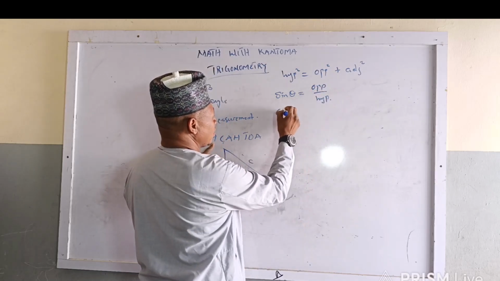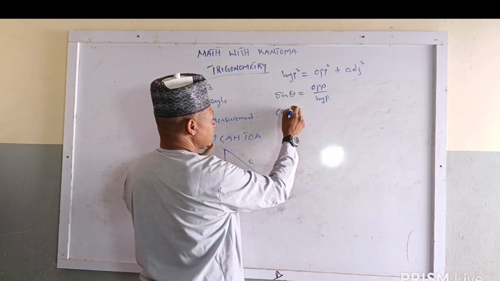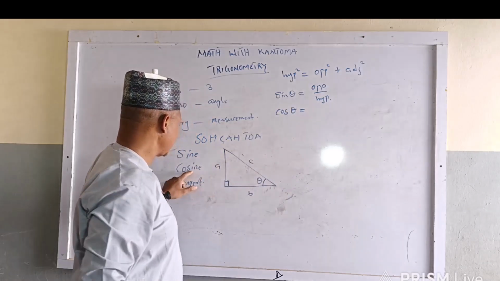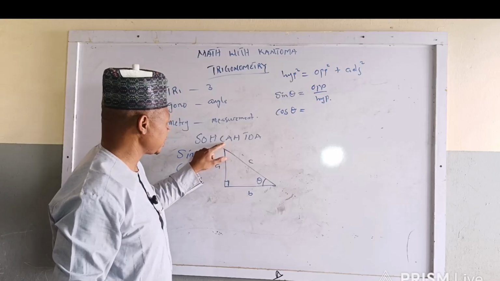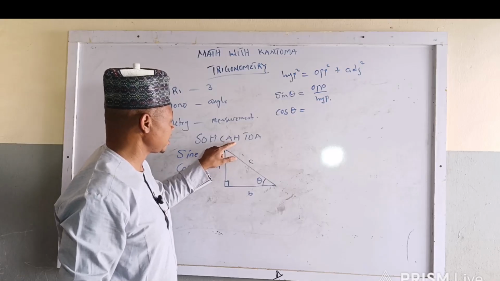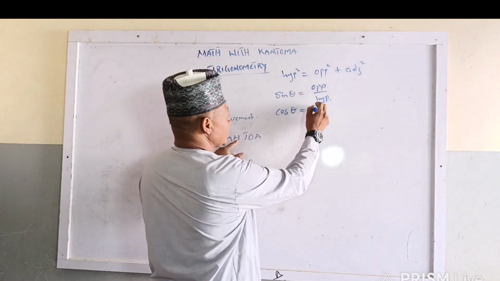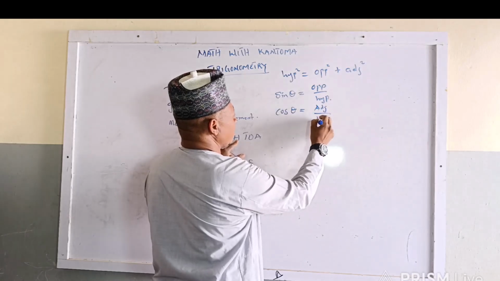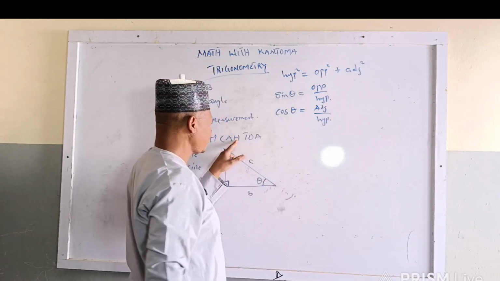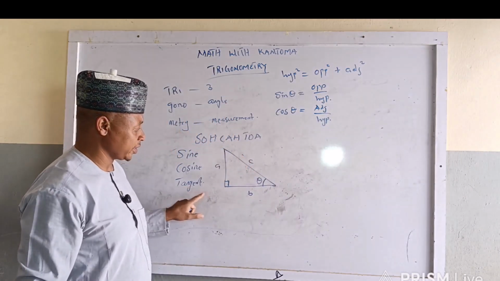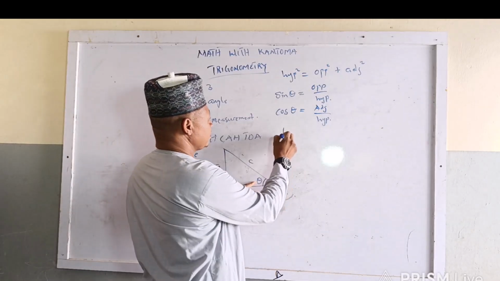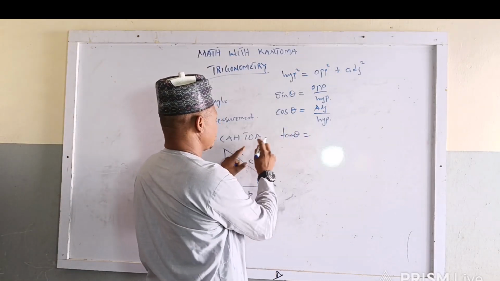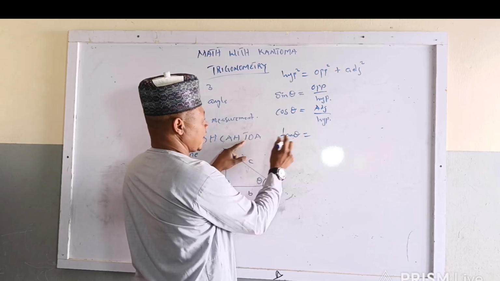And also, cosine of this angle, cos theta, is by definition adjacent over hypotenuse. And the last is the tangent. Tan of this angle is defined as TOA, meaning opposite over adjacent.